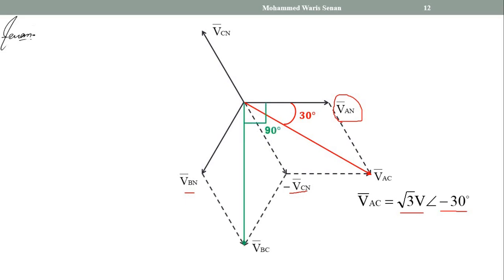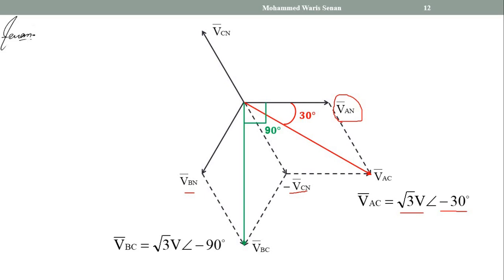So we'll get this VBC. Now if you see very clearly, this VBC makes an angle of 90 degree with the VAN, and also VBC is lagging VAN by an angle of 90 degree. So VBC will be equal to root 3 V, that is the magnitude of the line voltage, angle minus 90 degree.